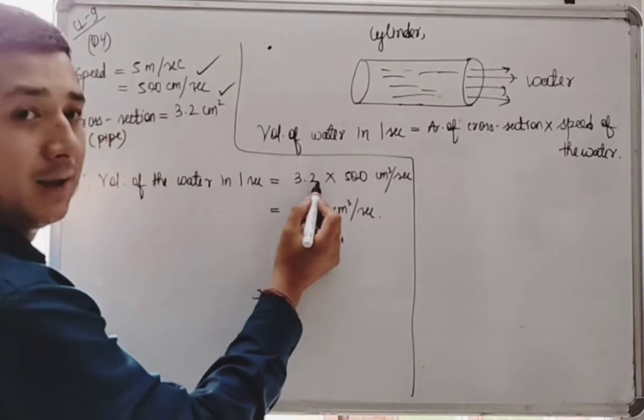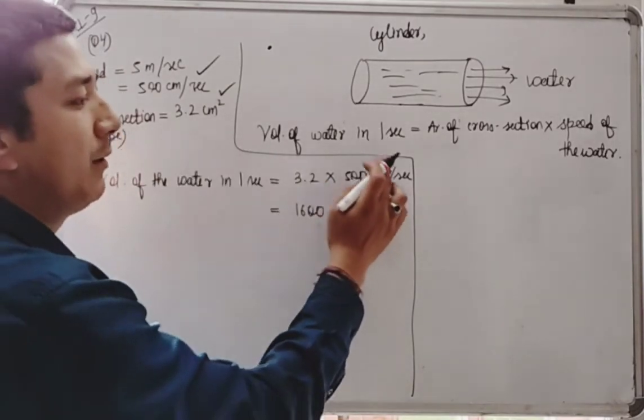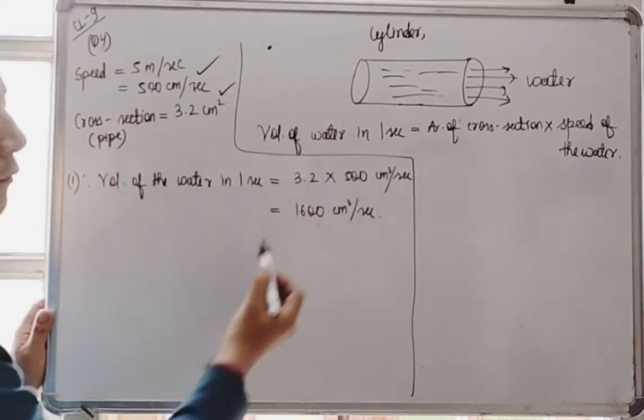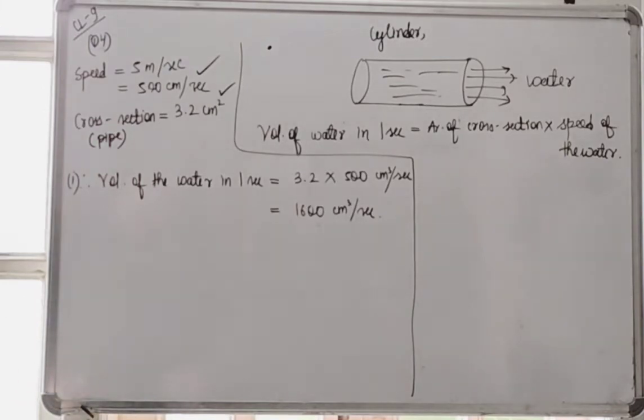This is centimeter square and this is centimeter, so it becomes centimeter cube per second. When you multiply these two values, you get 1600 centimeter cube per second, which is the volume of the water that flows in 1 second from this pipe.